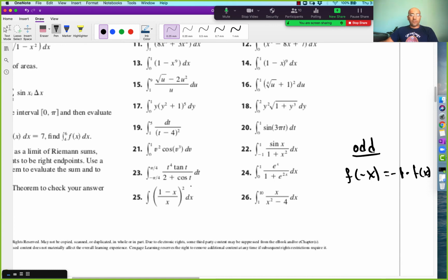Right, if you think about x cubed, integrating from negative 5 to positive 5 of x cubed dx, because it's an odd function, I know that this answer will be 0. The area above the x-axis and the area below the x-axis will be equal but opposite, so they cancel out and give you an area of 0.